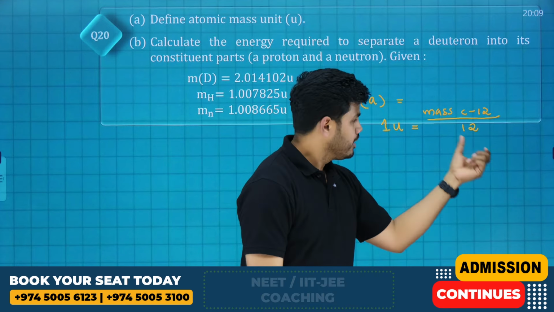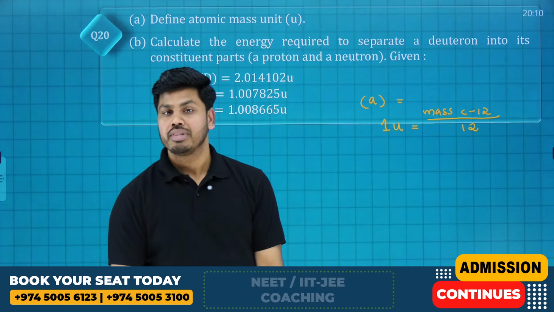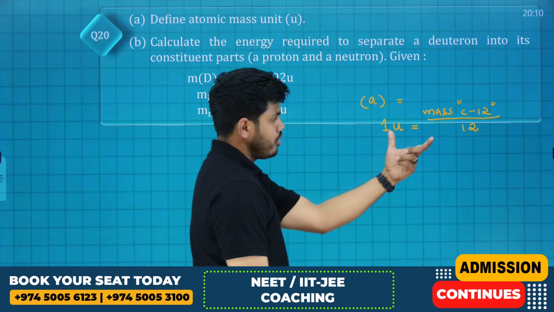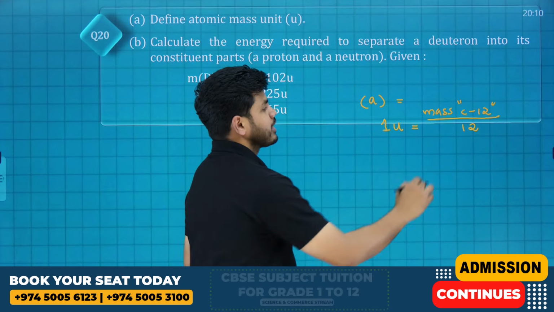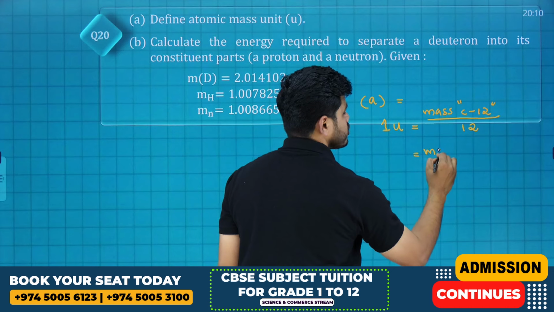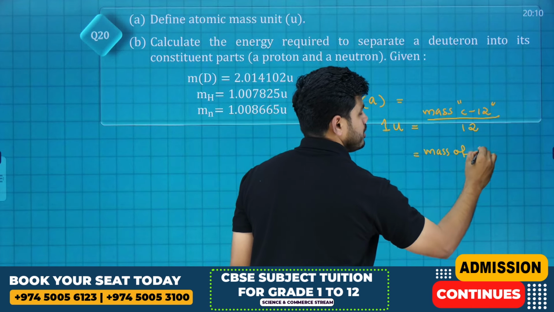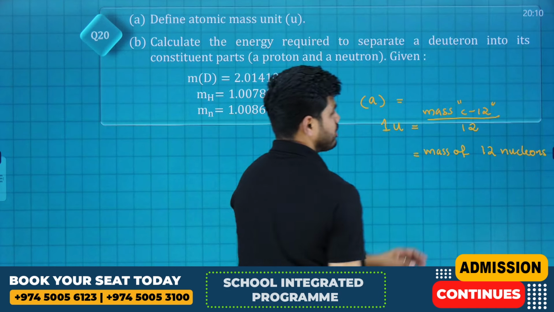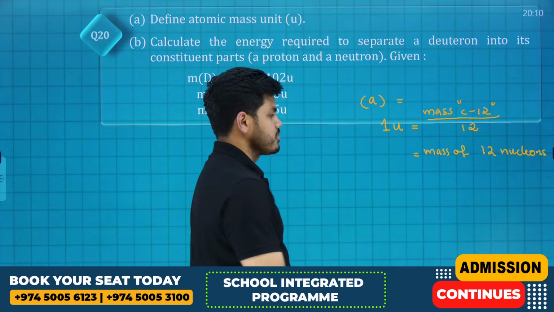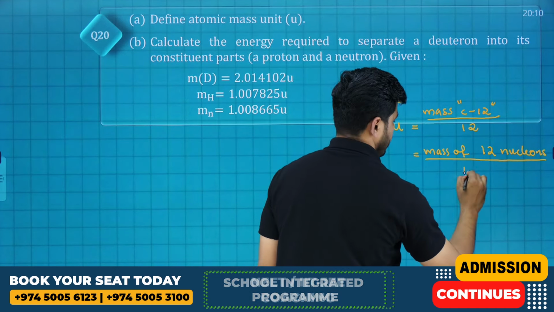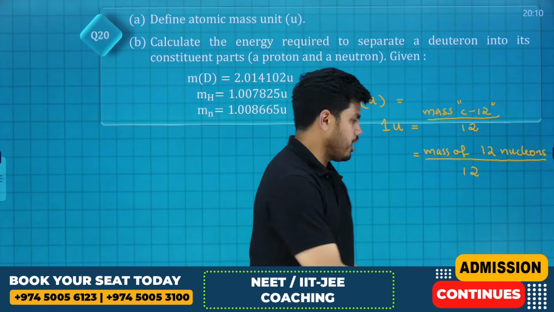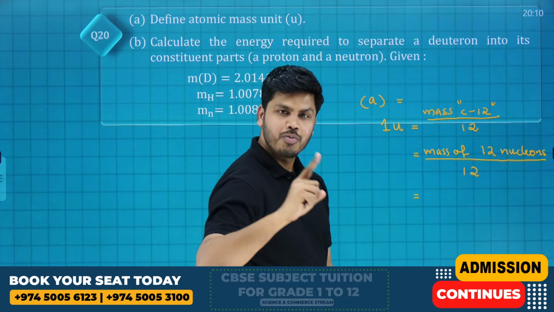What is this? Carbon 12 has 12 nucleons in it. That 12 stands for the mass number. So it is the mass of 12 nucleons divided by 12, which is the mass of 1 nucleon.